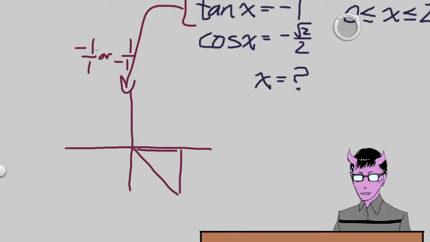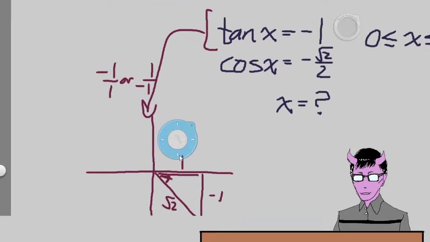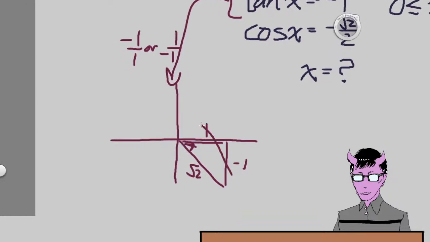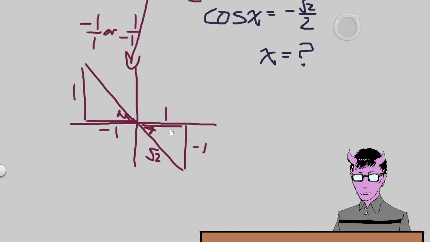So right here could get us to this situation. So that's one possible reference triangle right here, and then the other one is on the flip side. So that's where we have a positive opposite but a negative adjacent. That's the reference angle right there.